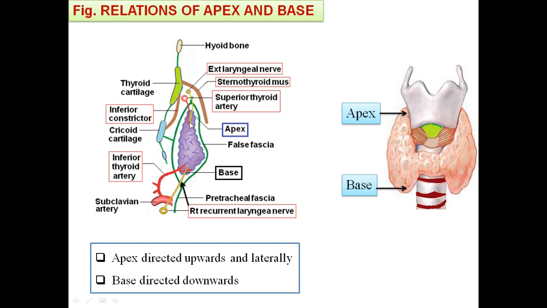The apex is related to one artery and one nerve, that is the superior thyroid artery and the external laryngeal nerve, which is a branch of the superior laryngeal nerve.